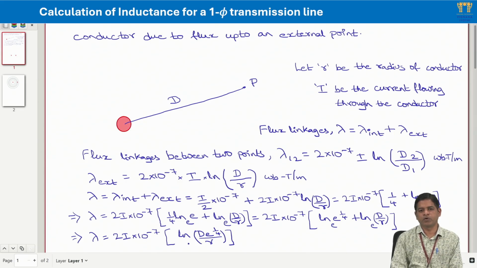So here we can take the base as e, or even if it is not mentioned, by default the base would be e. So this I can also write as 2I into 10 power minus 7 into log of d by, I'll get e power 1 by 4 to the denominator inside the parenthesis of the logarithm, then that becomes e power minus 1 by 4.